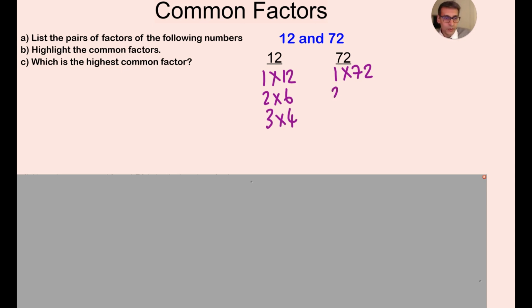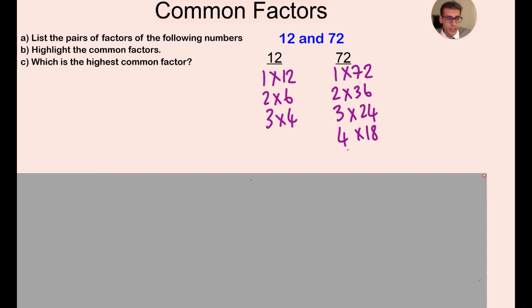So we also have 2 times 36, 3 times 24, 4 times 18, 5 doesn't go, we've got 6 times 12, and 8 times 9. And then they start to repeat. So from here we can see the factors which are common: 1, 2, 3, 4, 6, and 12 itself.